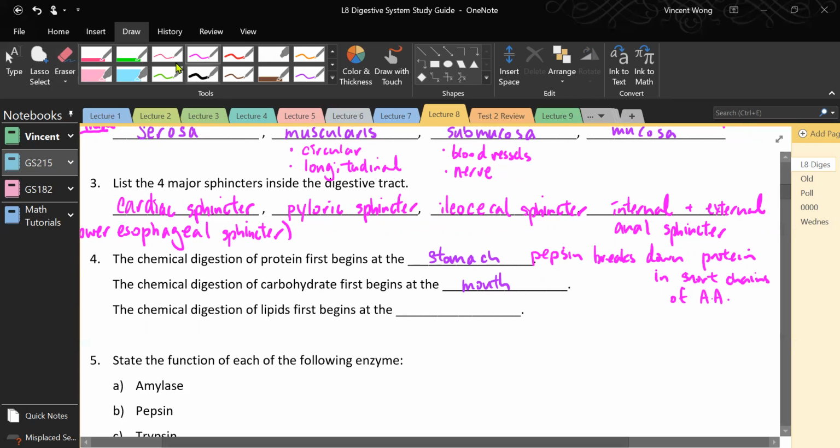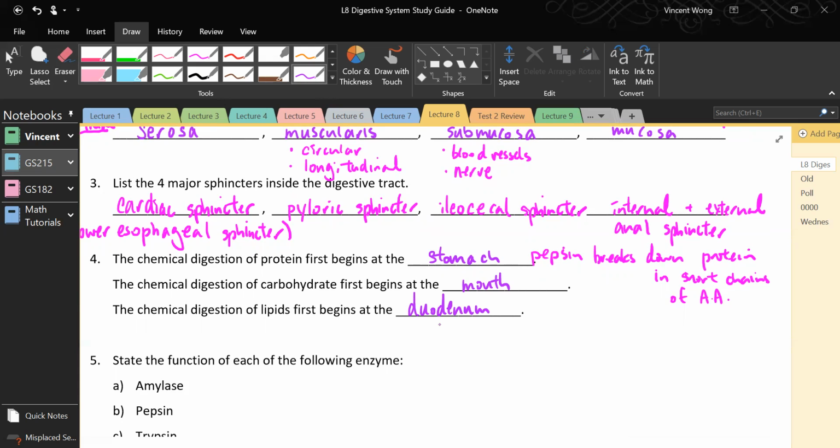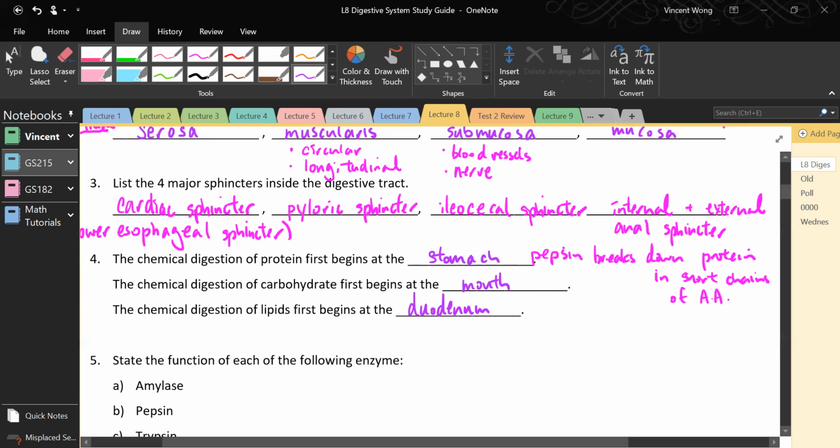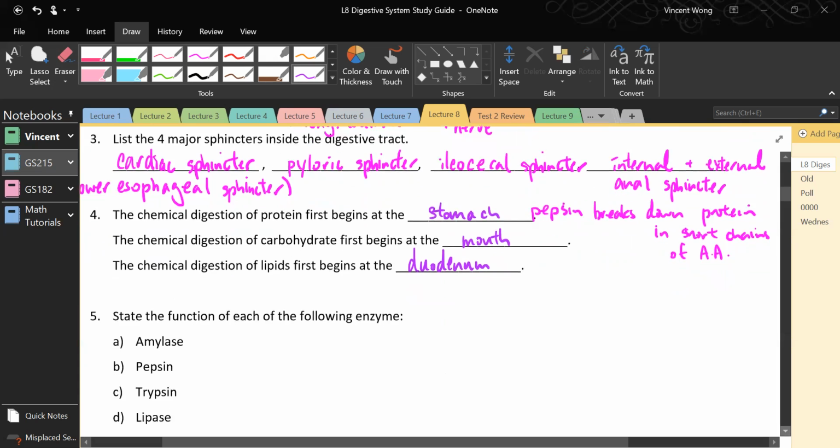And chemical digestion of lipids, that actually does not begin until we get to the duodenum. Okay, when you receive the pancreatic juices from the pancreas. And in that pancreatic juice, there is lipase, which would help break down the lipids.